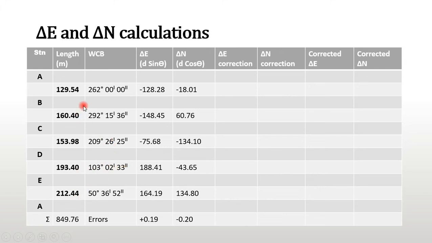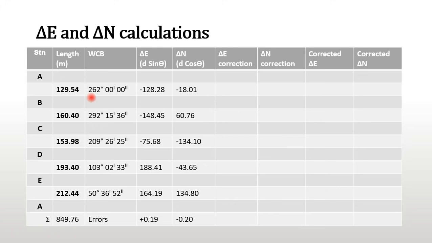So for us to determine the change in Eastings, like I indicated in that formula, we are going to multiply the distance AB times sine of 262 degrees. I also demonstrated how you punch in the degree symbols whenever you are calculating these problems in the previous slides. So you have 129.54 times sine 262 degrees.